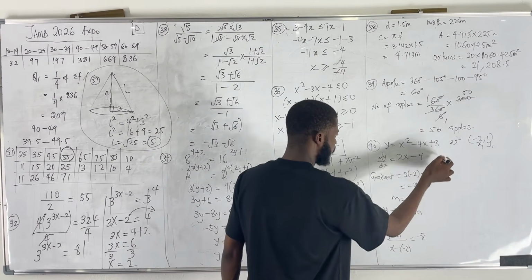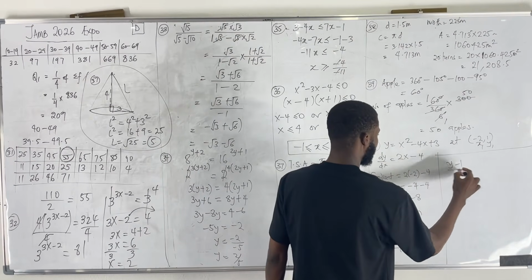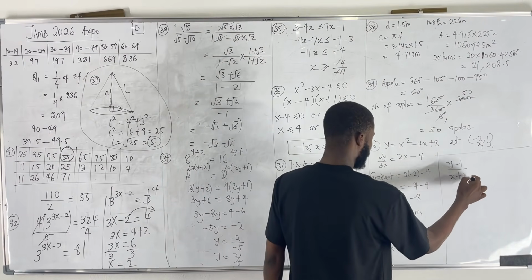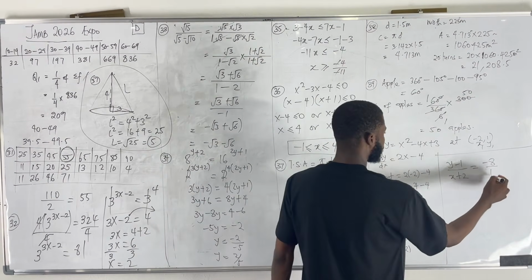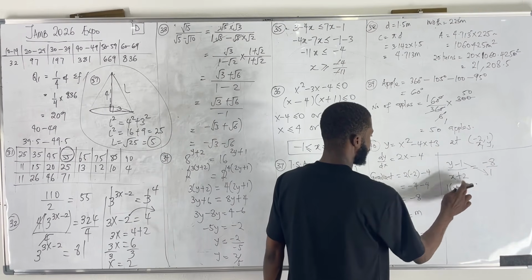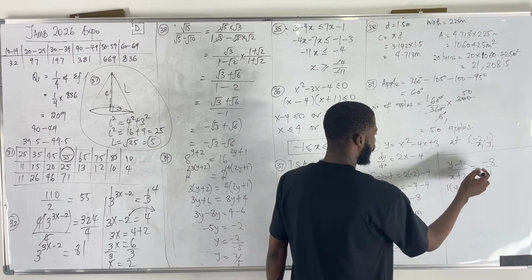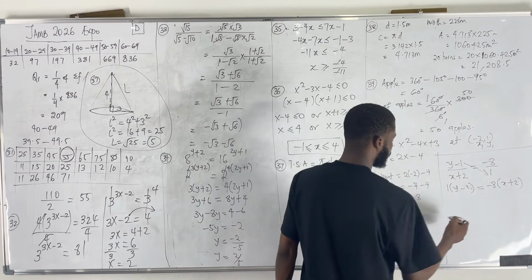Now this will become y minus 1 over x plus 2 equals minus 8, because minus minus is plus. Now this will times this, so it's 1 bracket y minus 1 equals minus 8 bracket x plus 2.